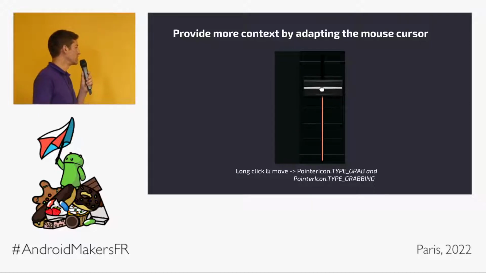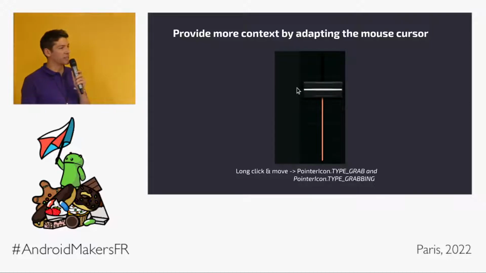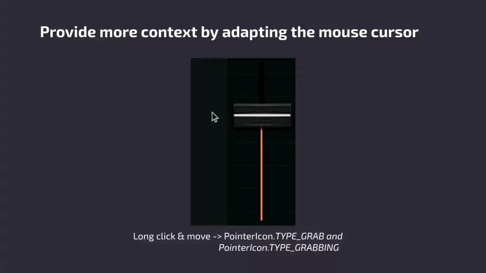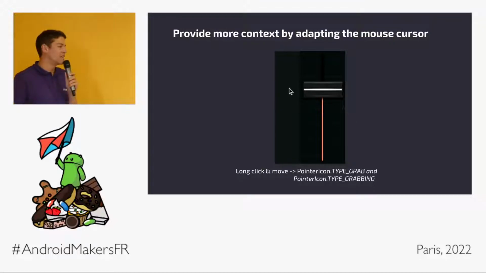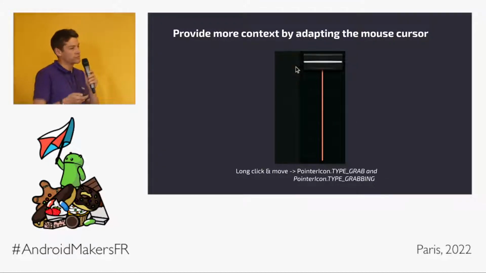And finally, when we receive a MotionEvent with action up or action cancel, we restore the previous state, the icon with the type grab. So in some scenarios, there is not just a single line of XML to add, but you have to code a little more.